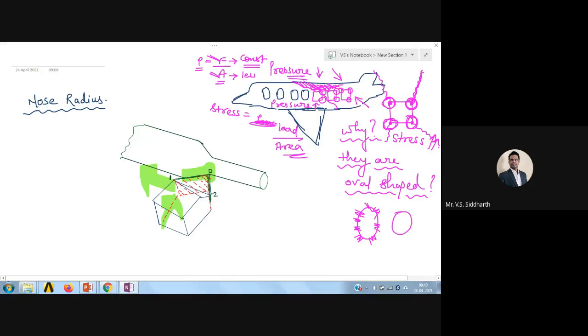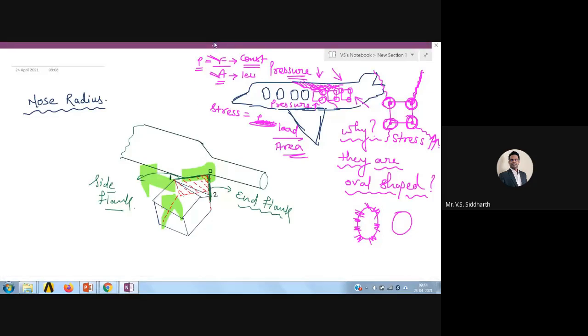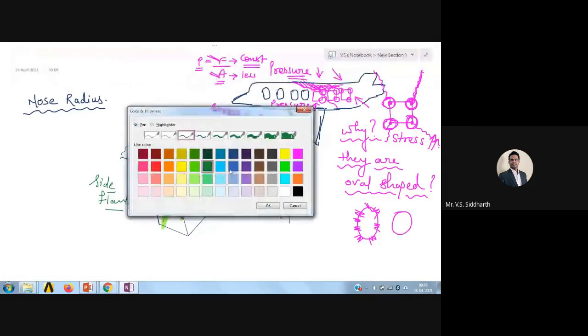What about this green one? Green is end flank. Very good. This is end flank, and this one is side flank. Now, I will ask you one more thing. Which color should I use?